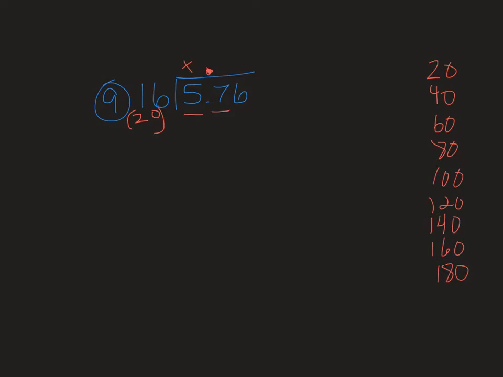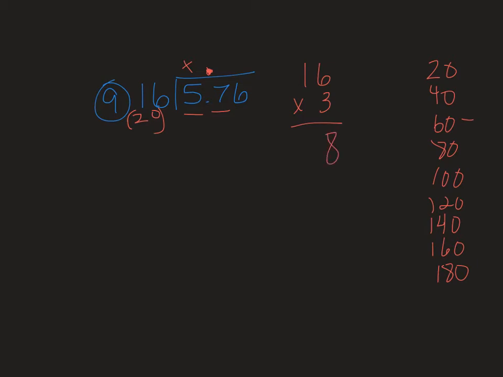How many? Well, maybe 3. I see 3 groups of 20 is 60, and it seems too big, but remember our real number is 16, and that's a little less than that 20 that we're estimating with. So I'm going to try 3. If it's too much, I can always go down to 2, but I got a good feeling about it.